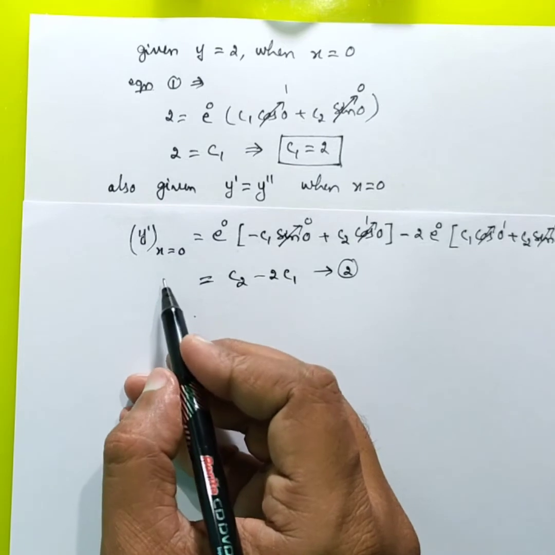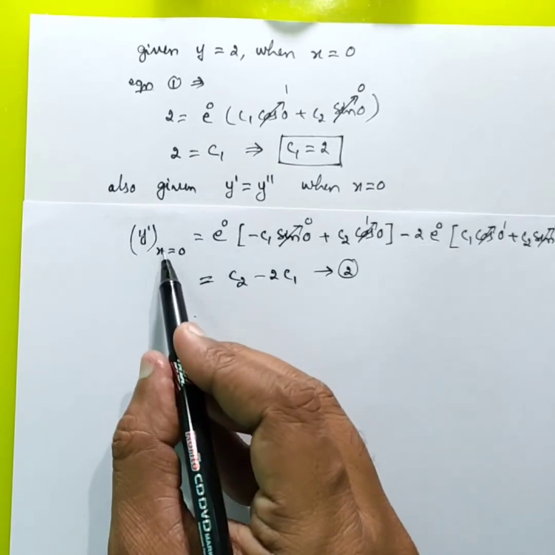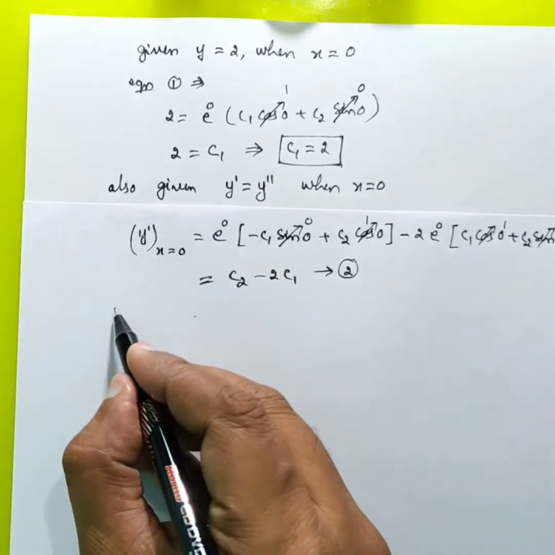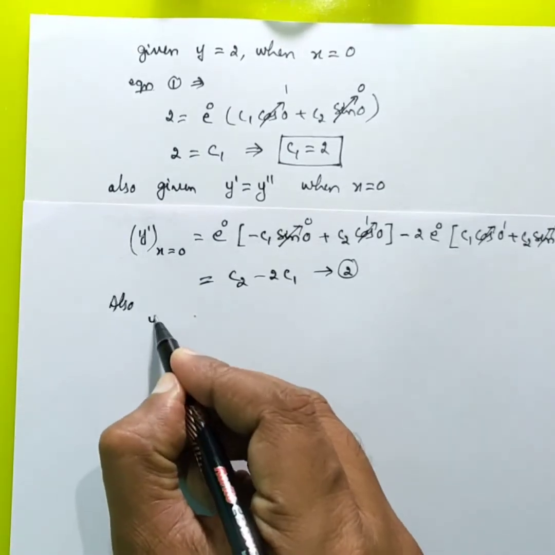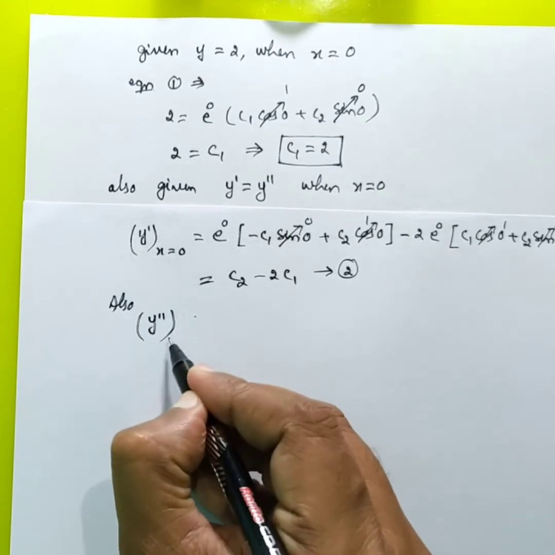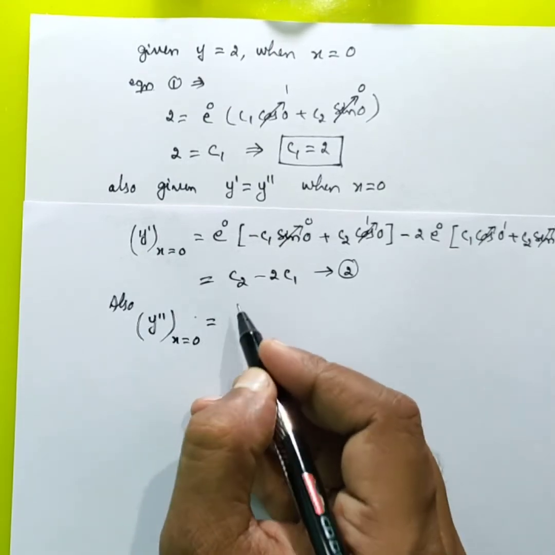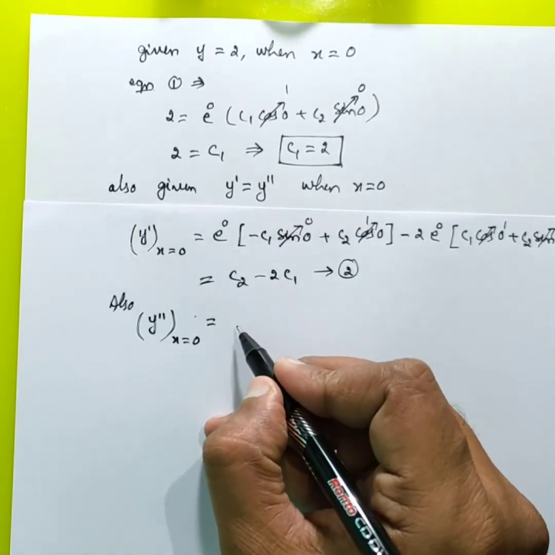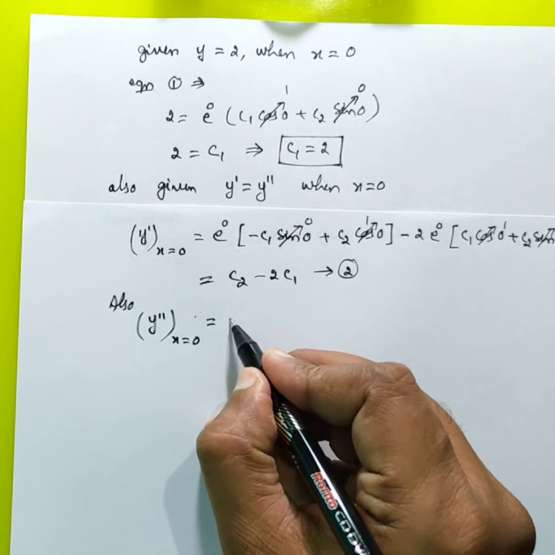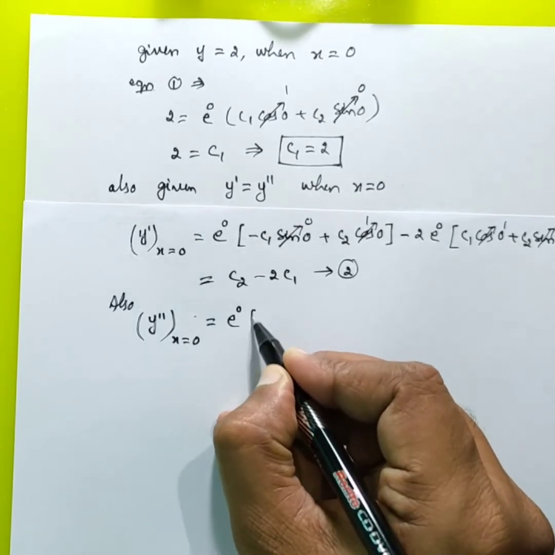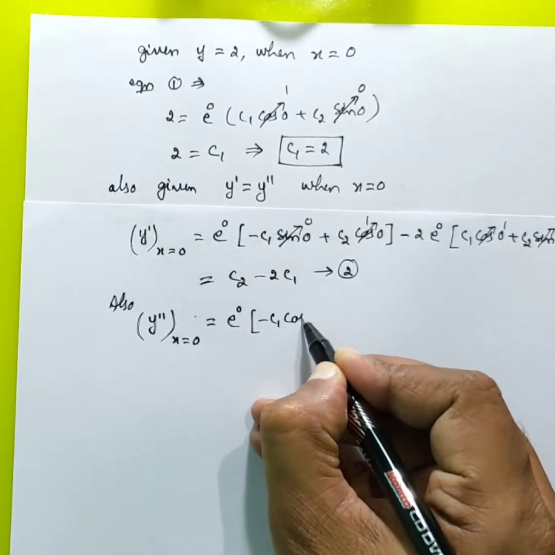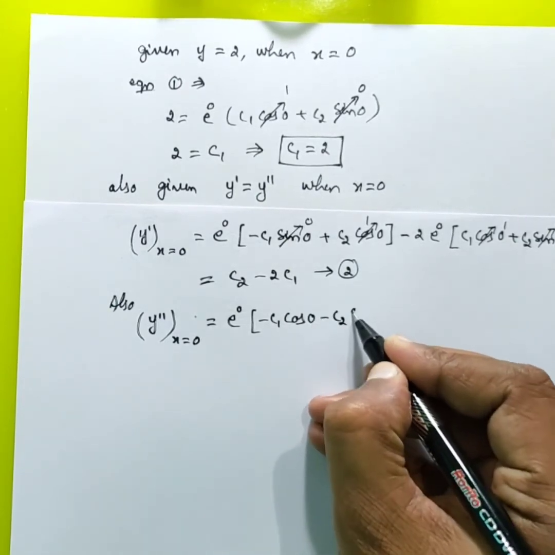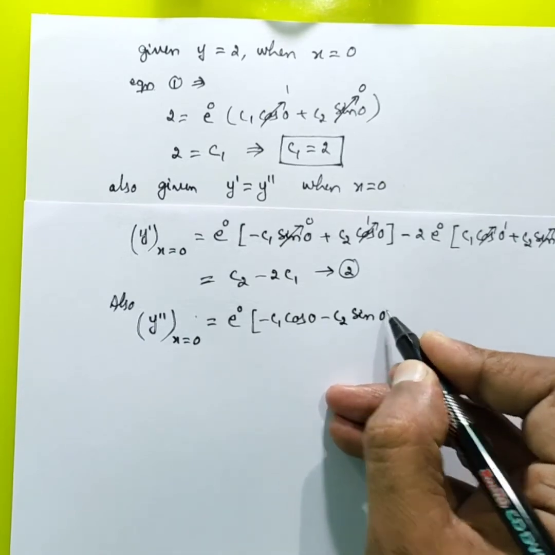Then also let us use the condition for y double dash. So y double dash when the value of x is equal to 0. You have the equation as, just observe the equation: e power of 0 times minus c1 cos of x, where x is 0, minus c2 sin of 0.